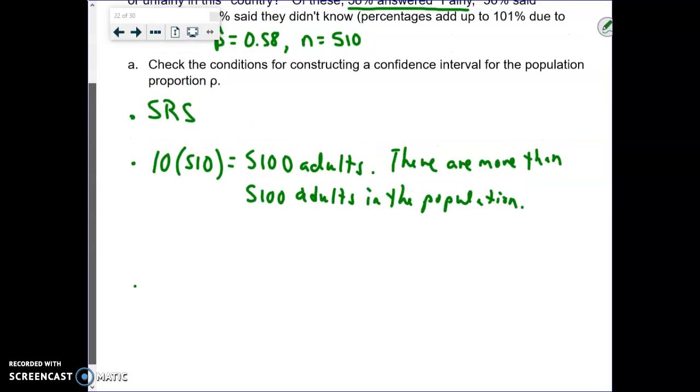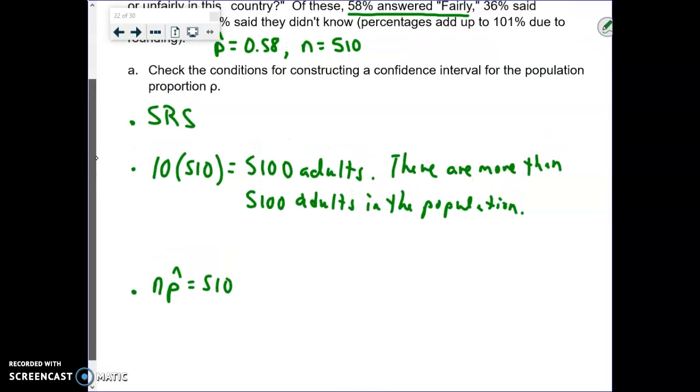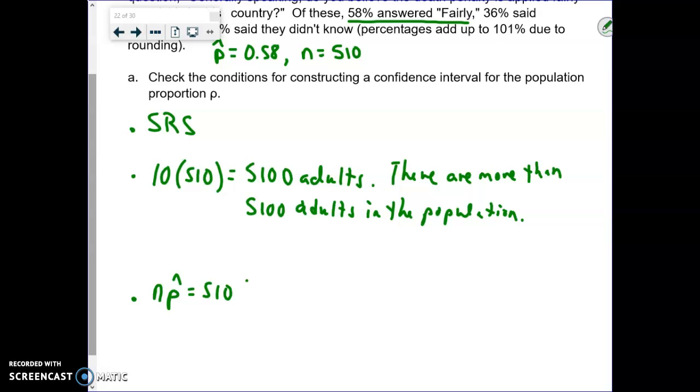And then finally, to make sure we have a normal distribution, n times p hat, which is 510 times 0.58, is 296. That is larger than 10.